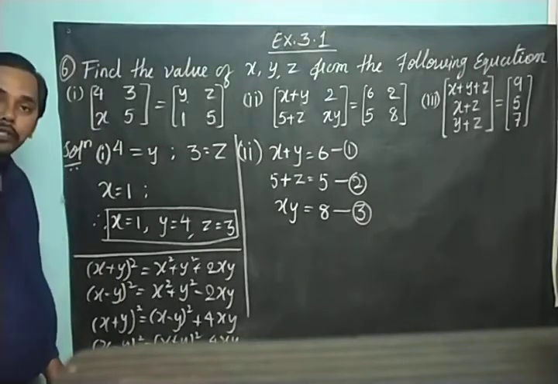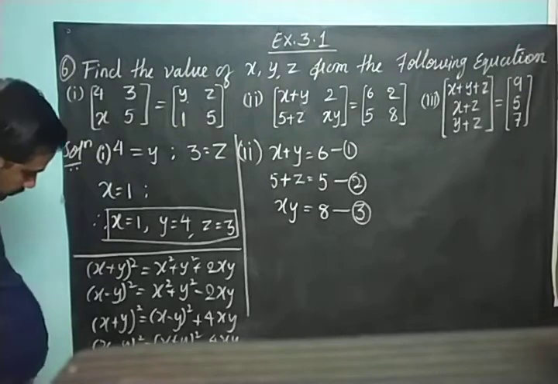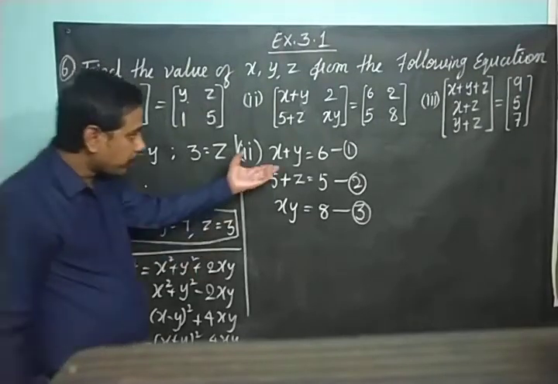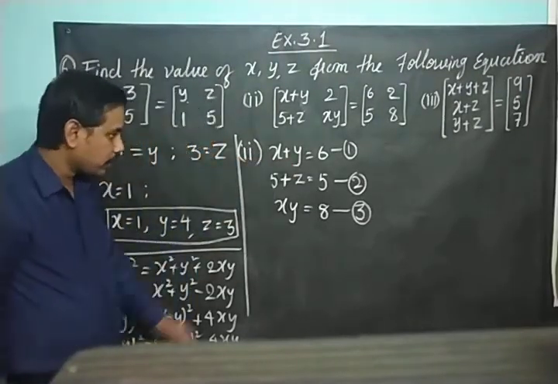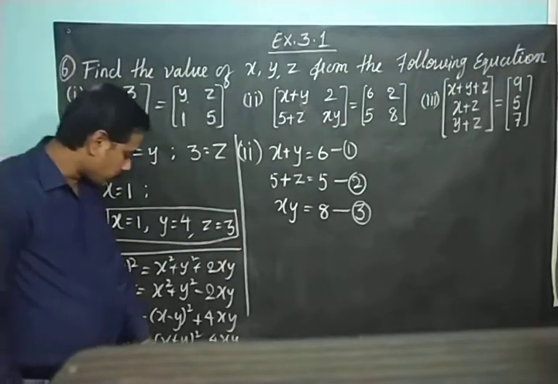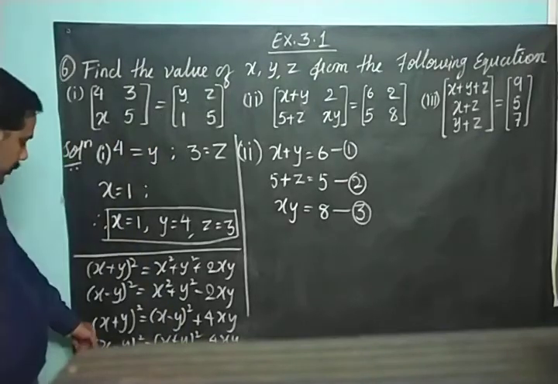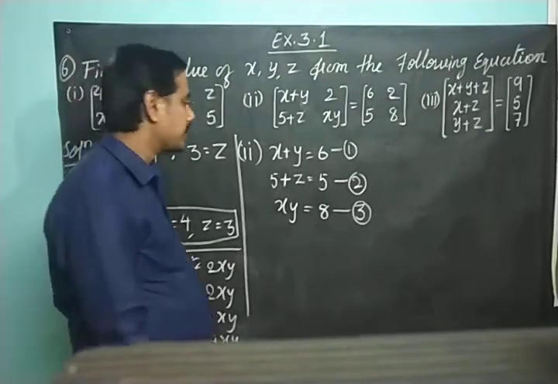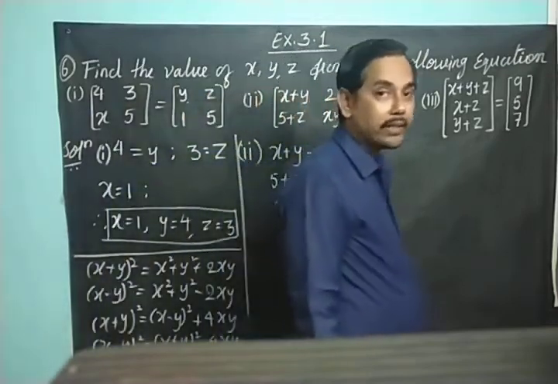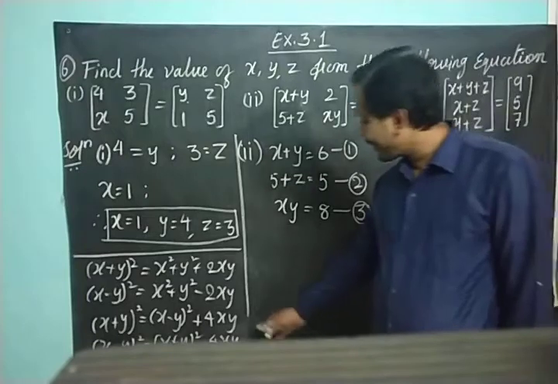Now we know the value of x plus y and the value of xy. So you can substitute both and you will get the value of x minus y. Both methods you can solve. So I will use this method.